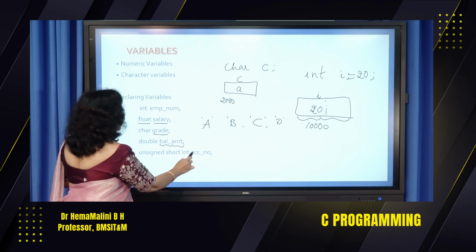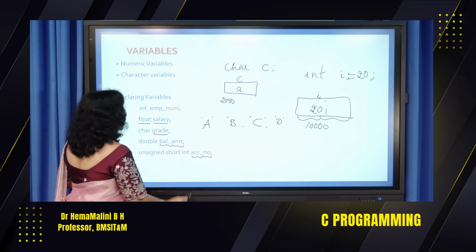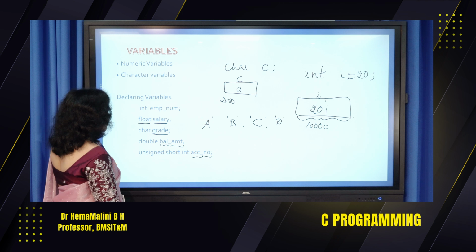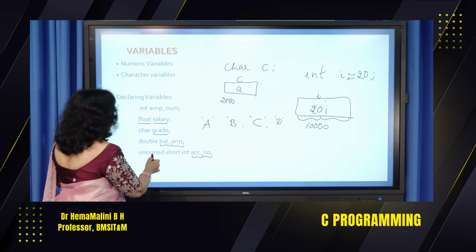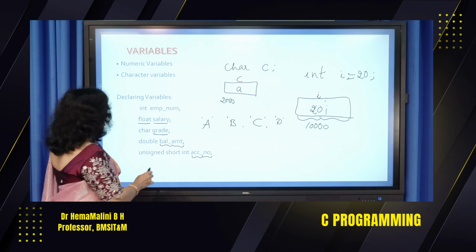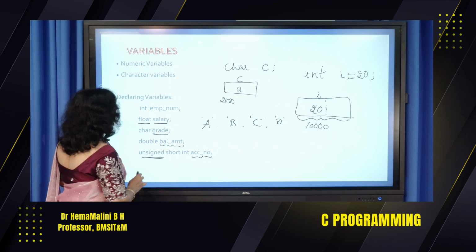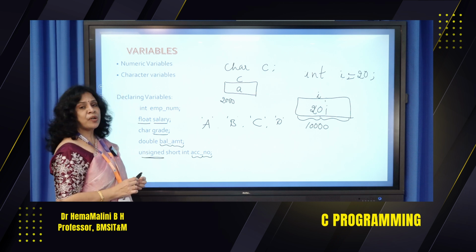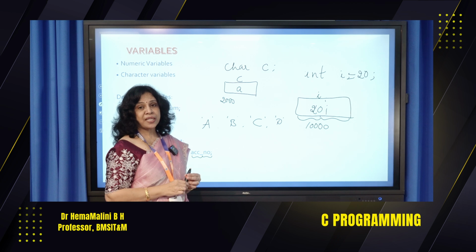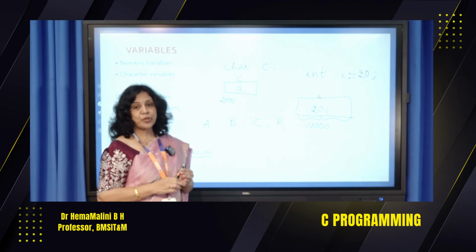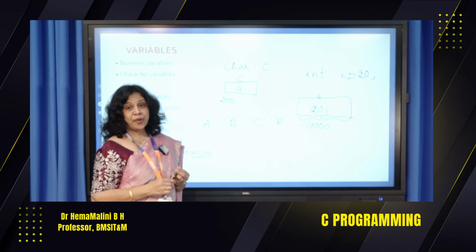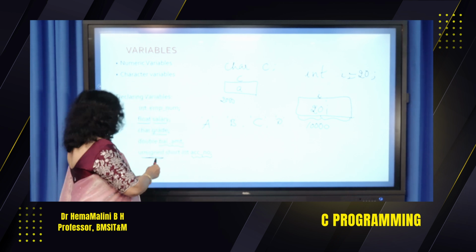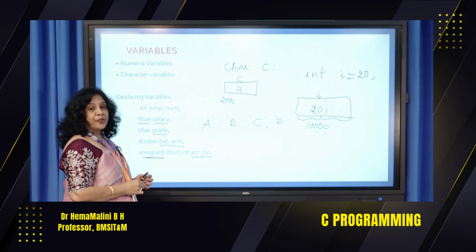unsigned short int account number. Say in your bank, I am going to check the account number. The account number will not be a negative value. That is why we have used unsigned short int, because long int might not be necessary. If you are checking for a small company, you might not have 65,000 employees, say it has 100 or 200 employees. So in that case, unsigned short int would do.